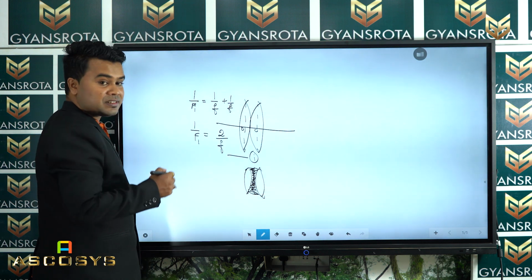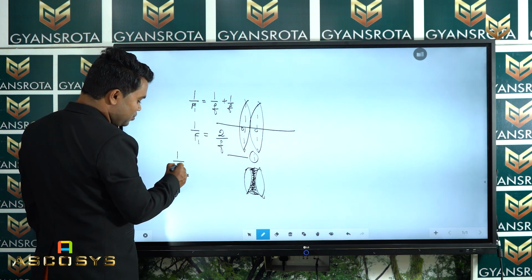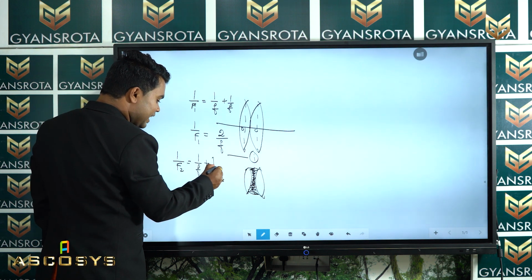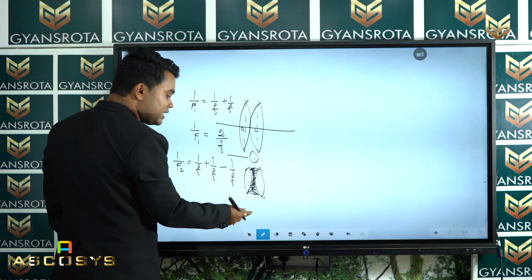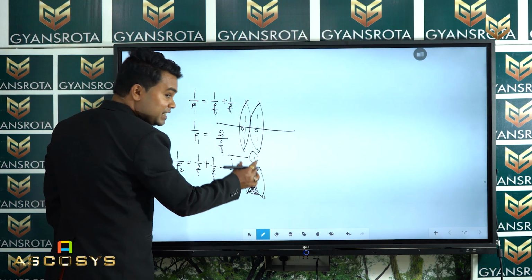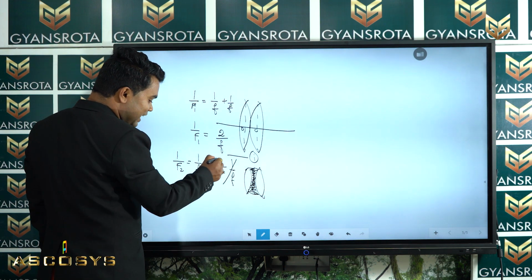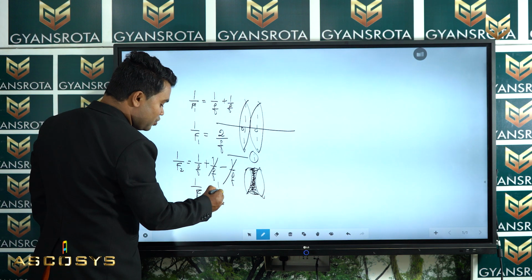So what will be the combination? I can write 1 by f2 equals 1 by f plus 1 by f minus 1 by f. This is the focal length of the glycerin, which is acting like a diverging lens, that is a concave lens. So 1 by f and minus 1 by f cancel out each other. So 1 by f2 will be equal to 1 by f.